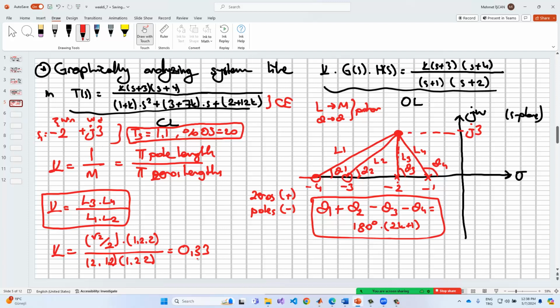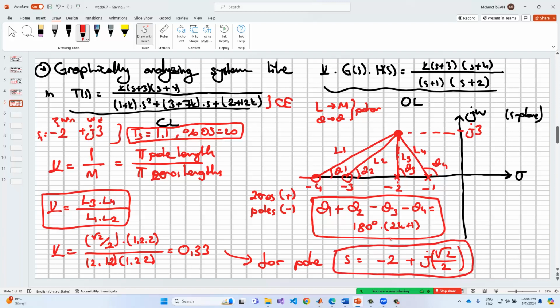If you choose K as 0.33, then the pole of this system is equal to s minus 2 plus j square root 2 divided by 2, because our system does not satisfy either this condition or this condition. If we want a stable system, we must provide this one and this one in geometrical notation in the root locus techniques. Okay?